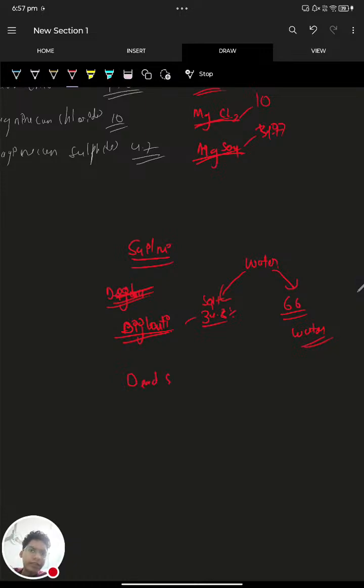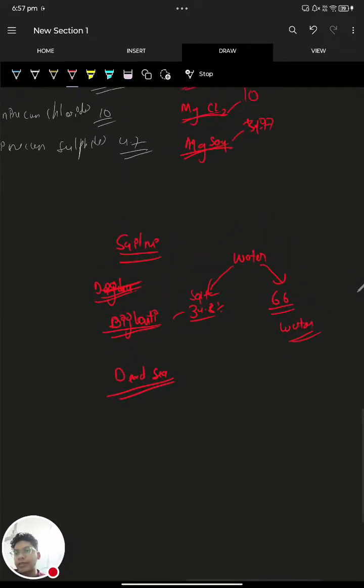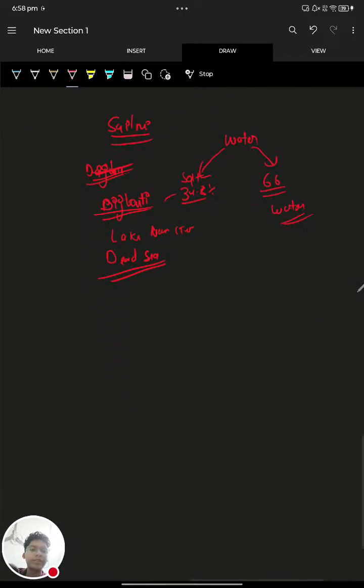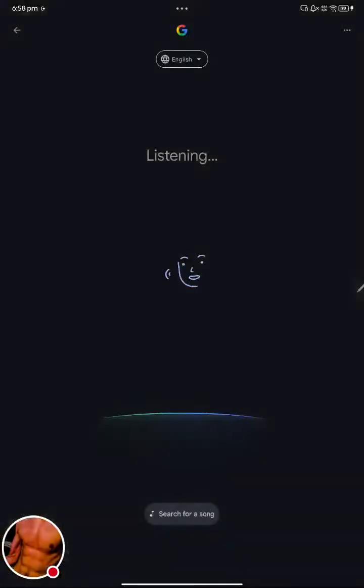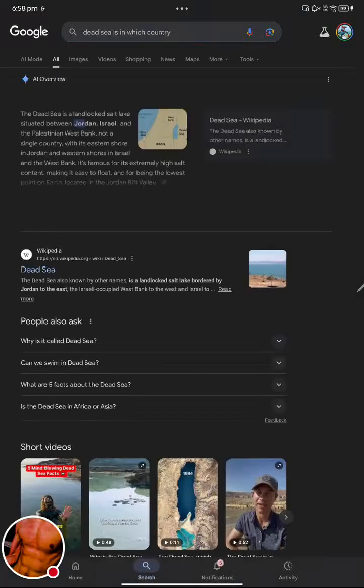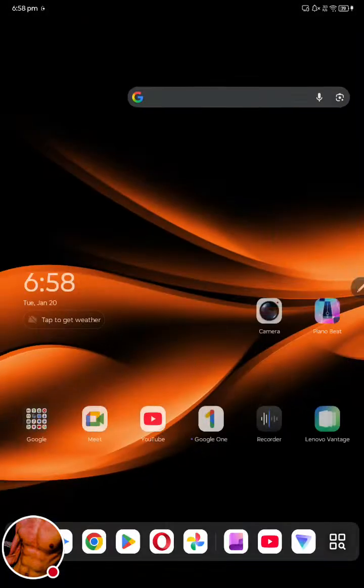This is the Dead Sea. After this is Lake Van in Turkey. Dead Sea is in which country? Jordan. Okay.